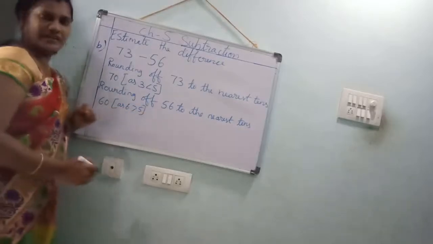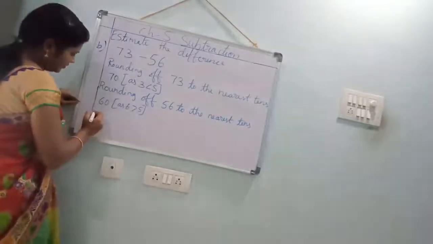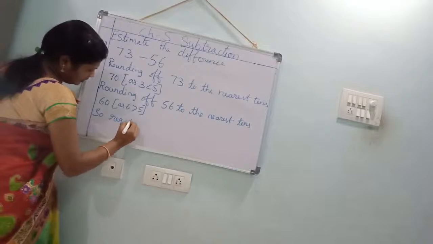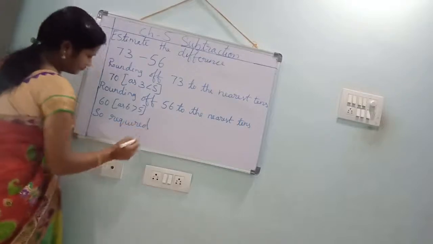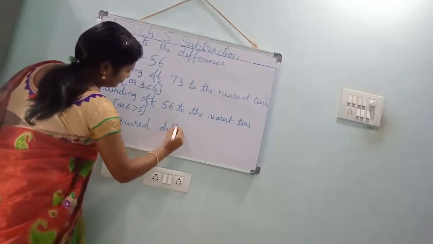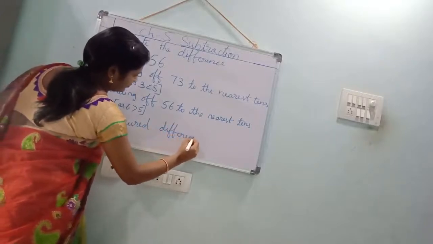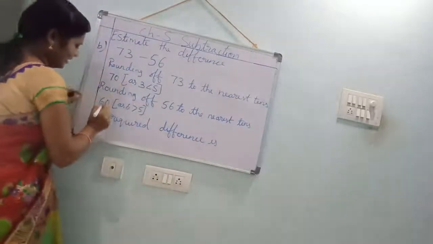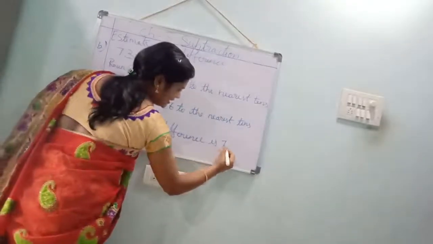So, the required difference is how much? 70 minus 60.